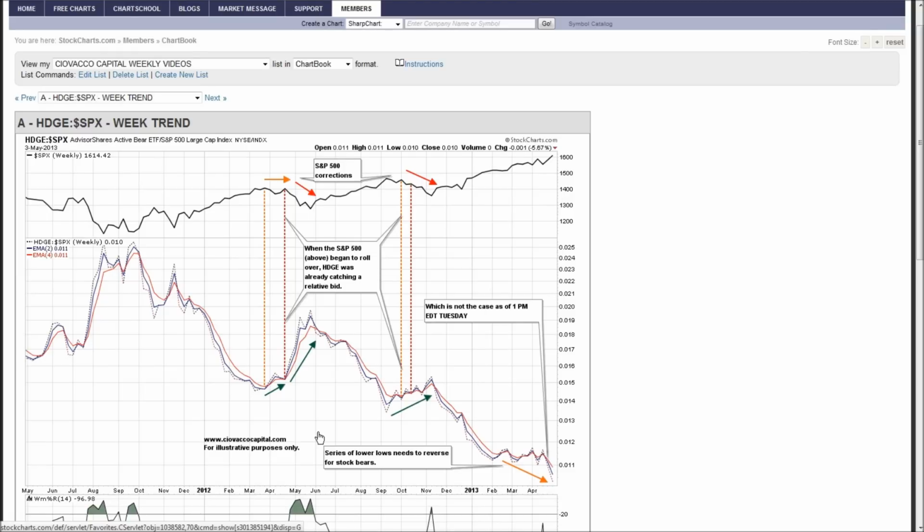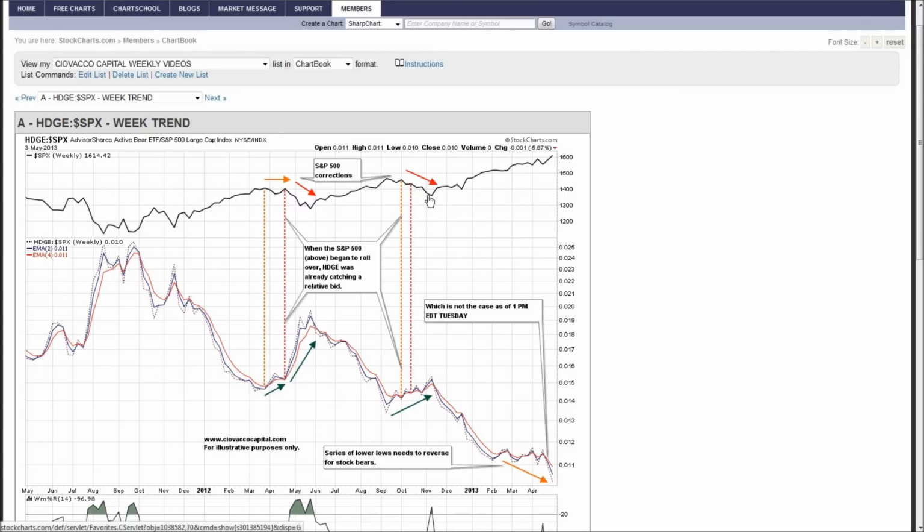And here's one chart that tended to lean in a bullish manner heading into the employment report. This is HDGE. It's basically a short ETF. So here we're looking at shorts relative to longs. You can see when the S&P 500 rolled over here, the ratio of short to longs was already catching a bid and already was making a bullish turn.